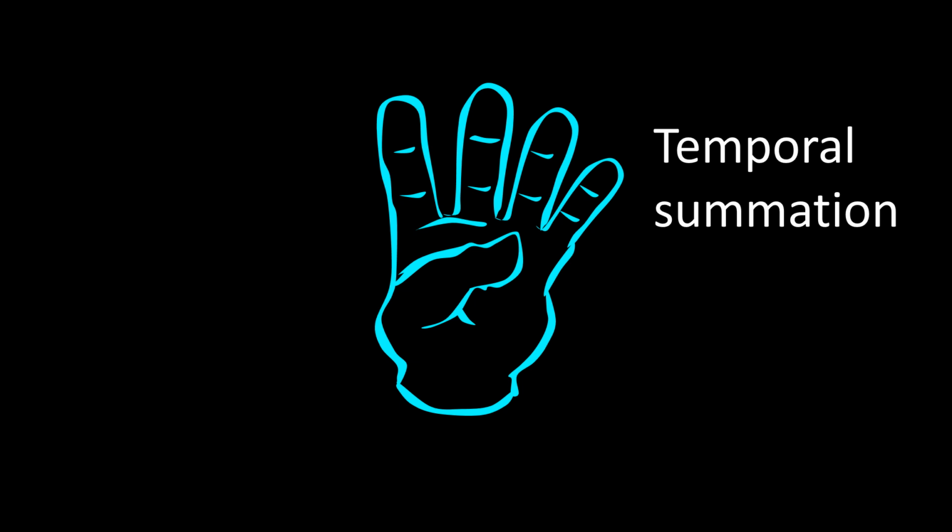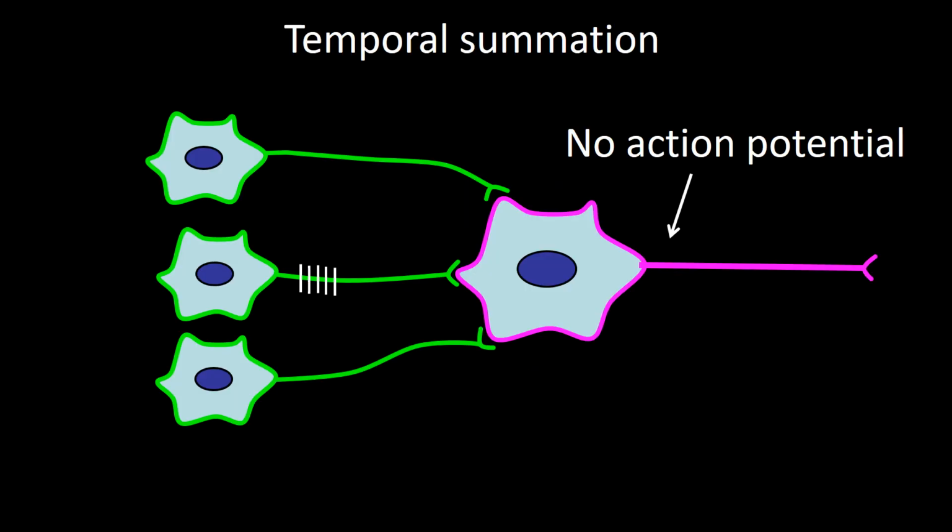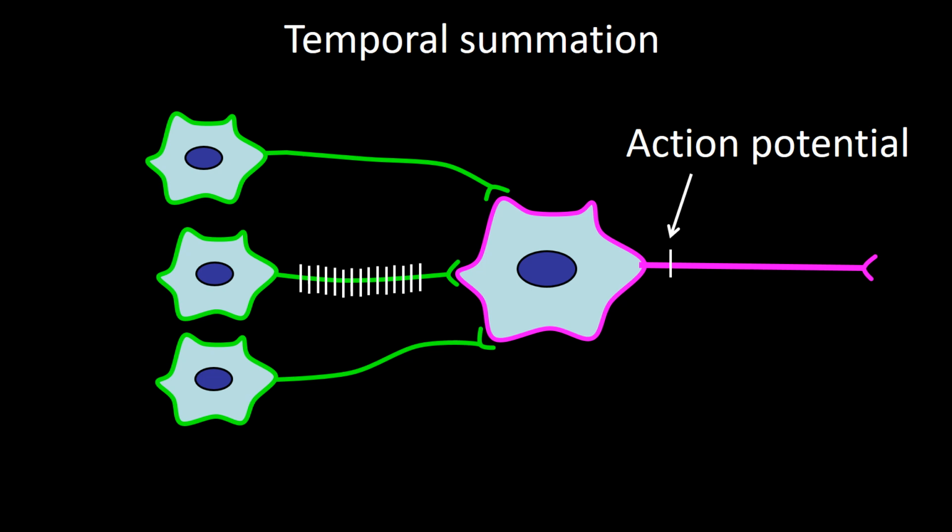The fourth term is temporal summation. During temporal summation, one neuron's discharge firing increases in order to trigger an action potential. Here you see one neuron discharging but no action potential. Now the same neuron discharges for a longer period of time and still no action potential in the larger neuron. But with increased discharges, as you can see in this frame, corresponding with increased duration, the larger neuron will have an action potential.